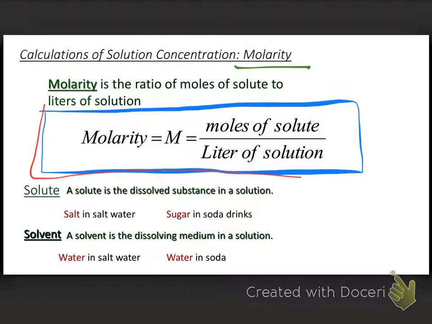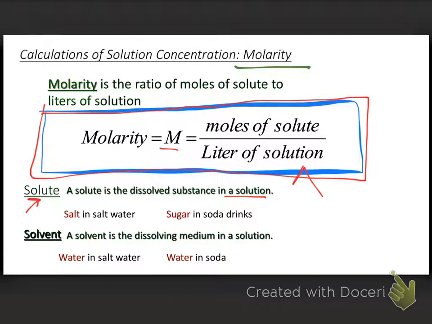And this is our equation. So molarity is represented by a capital M, not a lowercase m. And again, it's moles of solute over liters of solution. Let's review what solute is. Solute is the thing that is dissolved within the solution. So like salt within water or sugar in soda drinks.